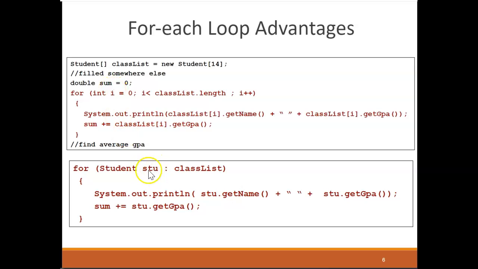So stu can be anything. A lot of times I say for student item in class list, or student stu in class list. It doesn't matter. But really this is just going to represent each item in the class list. And so you can see the one at the bottom is a lot less to type.